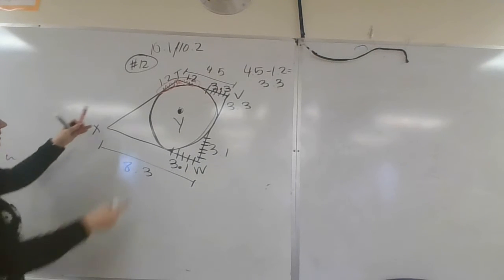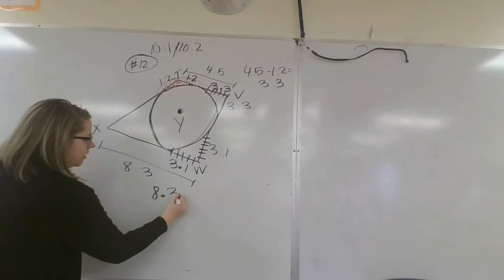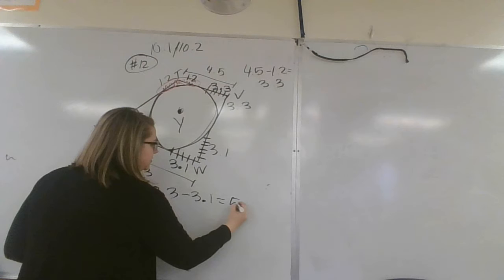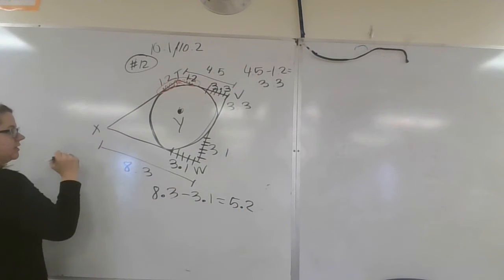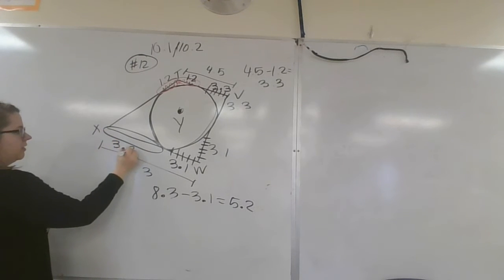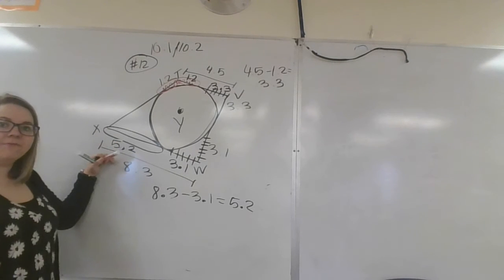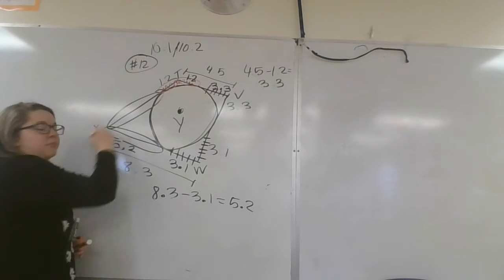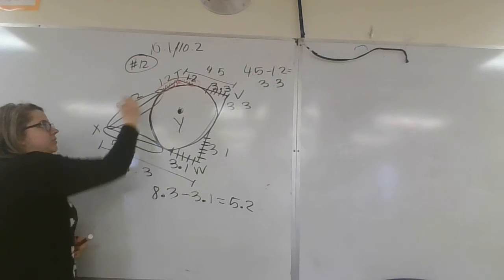Okay, now to find this little length here, I take 8.3 and I minus 3.1, and that equals 5.2. So this right here is, sorry, 5.2. So if this is 5.2 here, and they're both tangent and they both meet at a point outside of the circle, this also has to be 5.2.